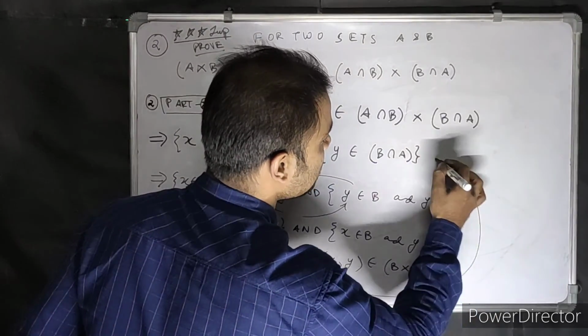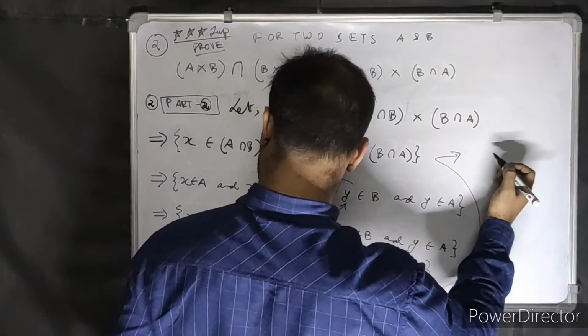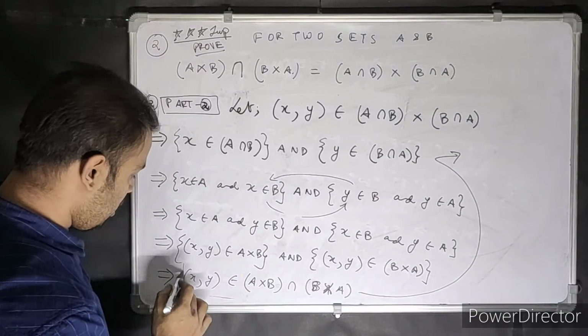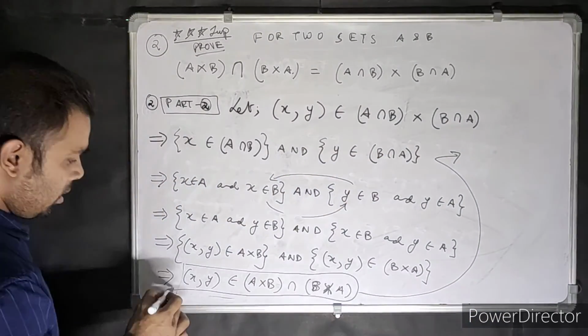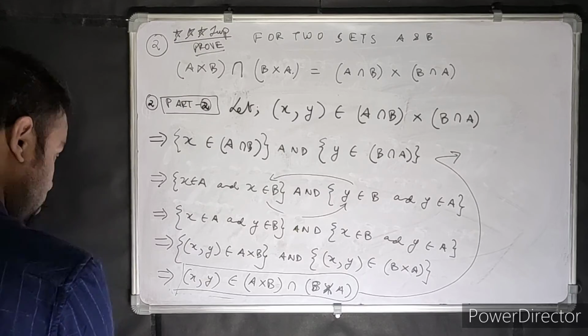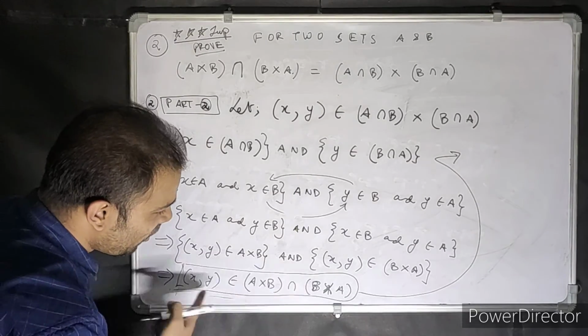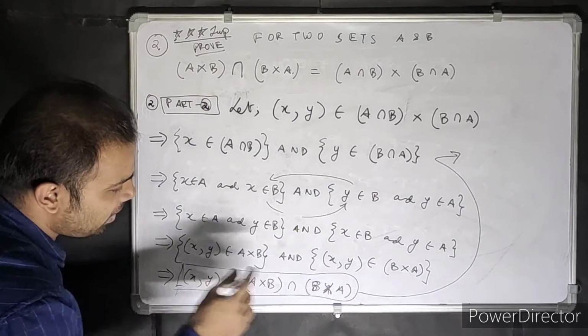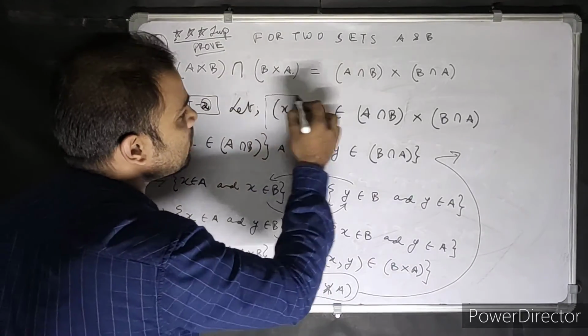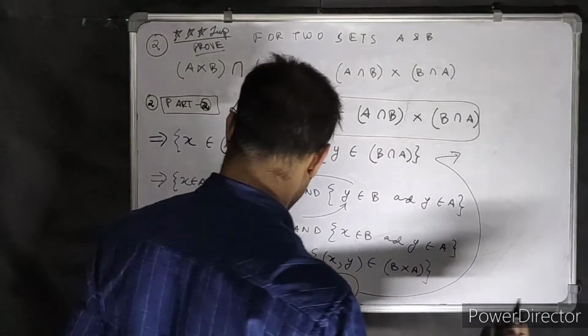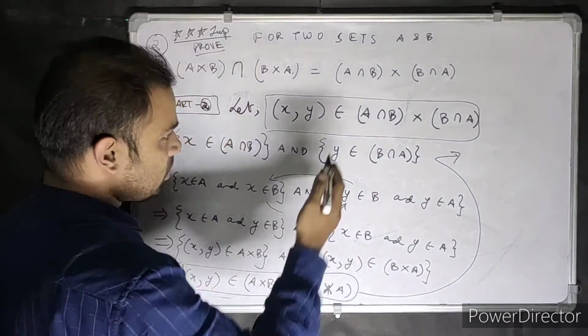From here one more step is left. So that is just to see you have got the same thing, right? From here, you see this part and this part are the same. So one last step is left. You start from here.